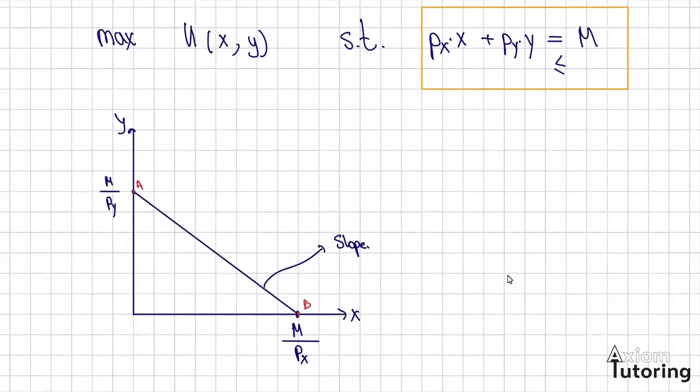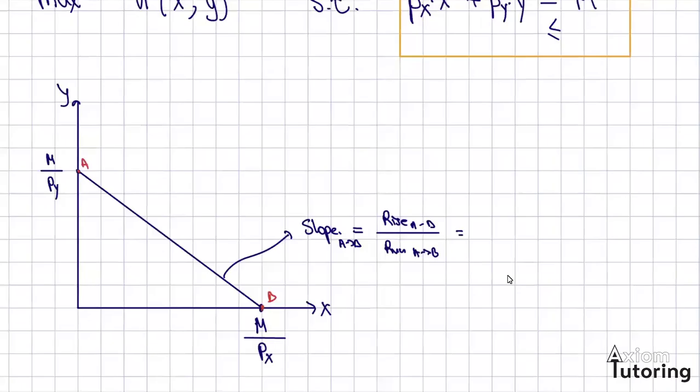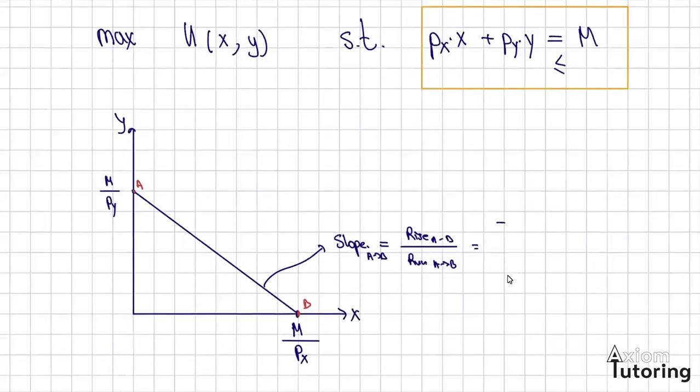So if I'm going to look at the slope going from A to B, it's the rise from A to B over the run from A to B. What's the rise? Well, actually, I don't rise when I go from A to B. I actually go down. So it's a fall, or a negative rise: minus m over py, all of this divided by the run.